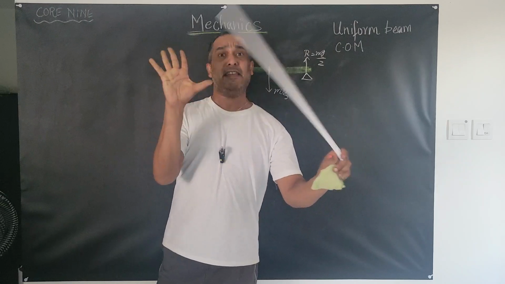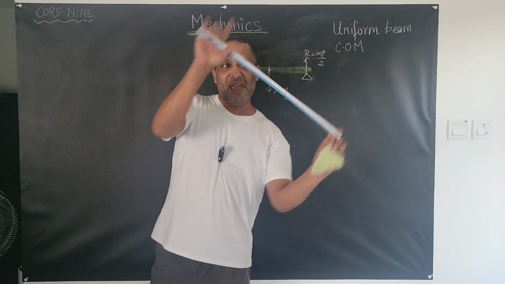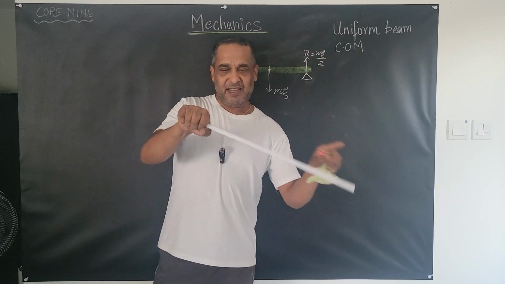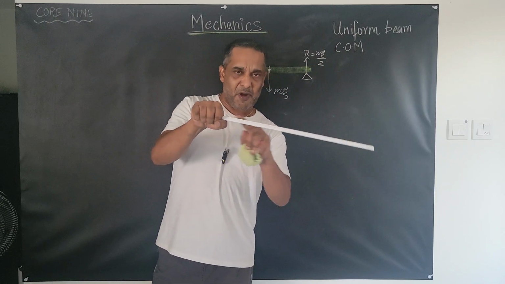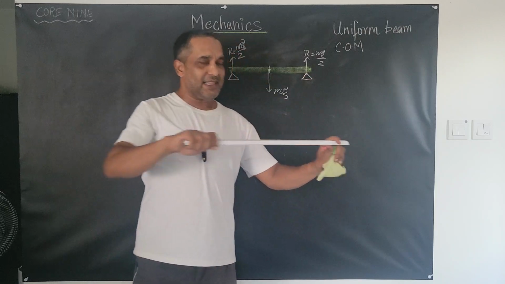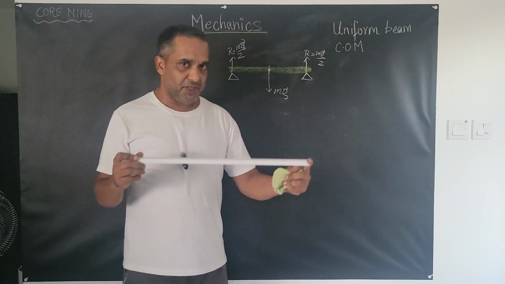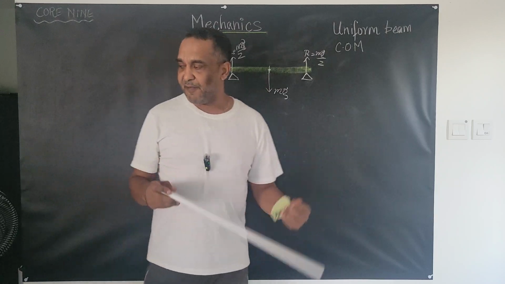If I let go of my hand, it just flips up. It's like a bending force. It wants to flip this over, and if the force was hard enough, it would break somewhere here. So that's a bending force. I'm not going to speak much about the bending force today, but I'm going to talk about something a little different.